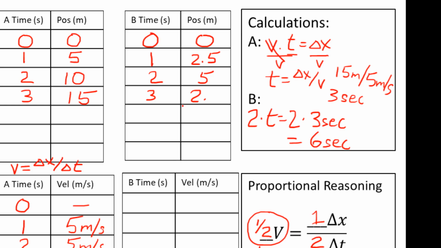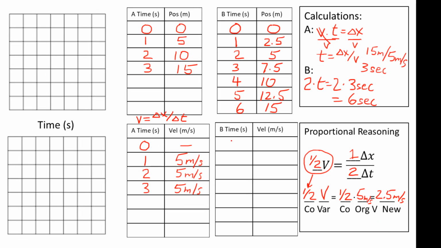Whoops, that's going to be 7.5 meters. Hold on a moment. So an additional 2.5 meters above 5 meters, 7.5 meters. At 4 seconds, we're at 10 meters. At 5 seconds, we are at 12.5 meters. And at 6 seconds, we're at 15 meters.